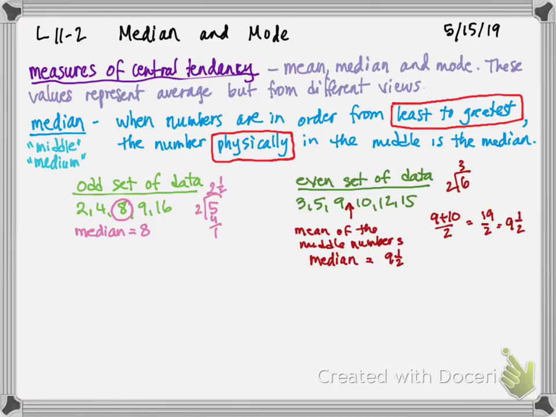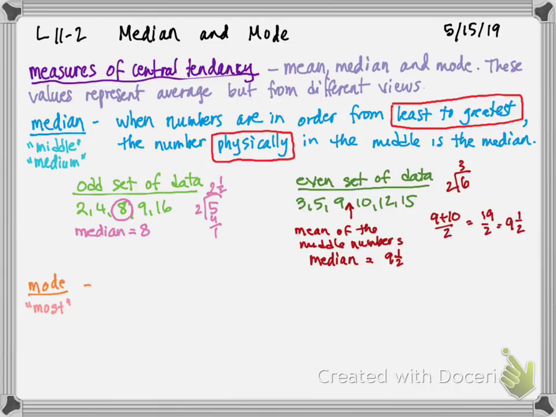Now, the next term is the term mode. That's the last measure of central tendency. And mode has 4 letters, starts with M, second letter O, and it sounds like most. Here I start writing mode again. Most. And that's really what mode's all about. What got the most votes?